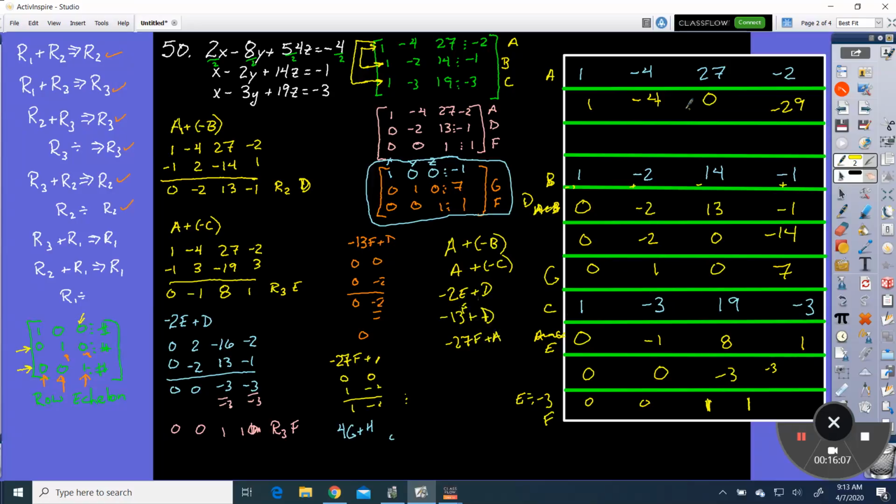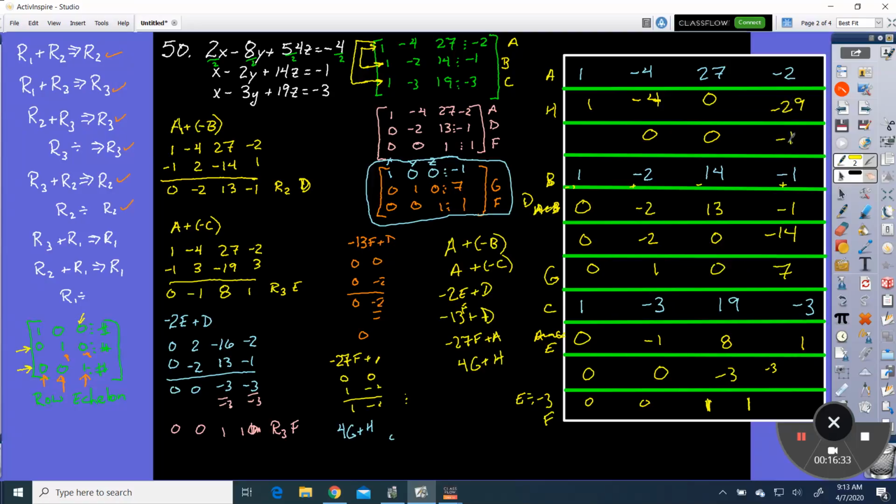Okay, so now what I'm going to use G right here. And I want this negative 4 to disappear, so I'm going to multiply G by 4 and add that to H. Okay, so I know this is going to turn into a 0 and that's going to turn into a 0. I'm using this row right here. 27 times 4 is 28.